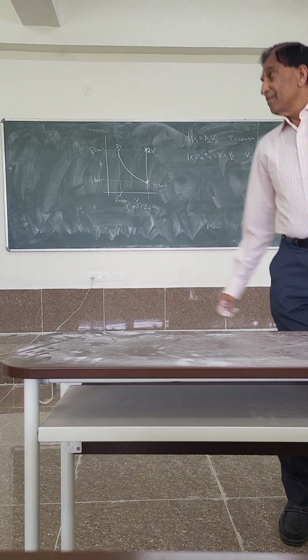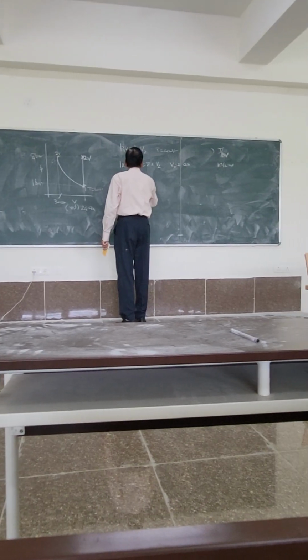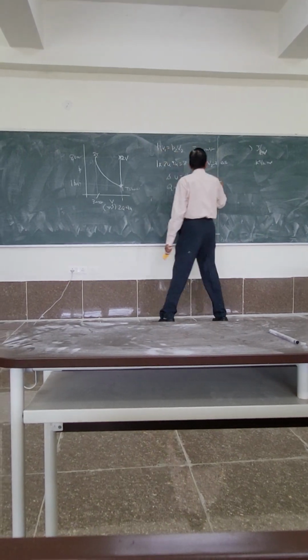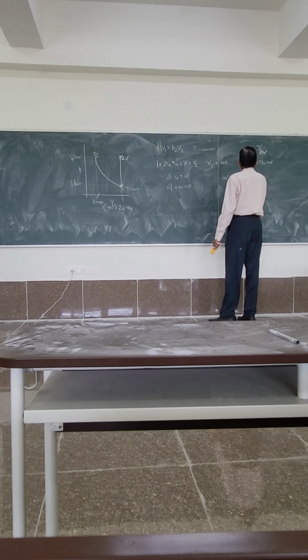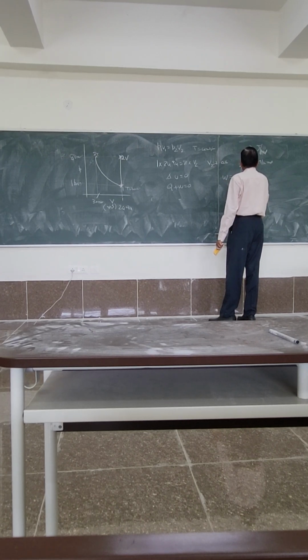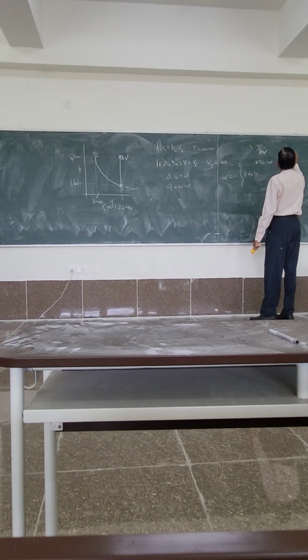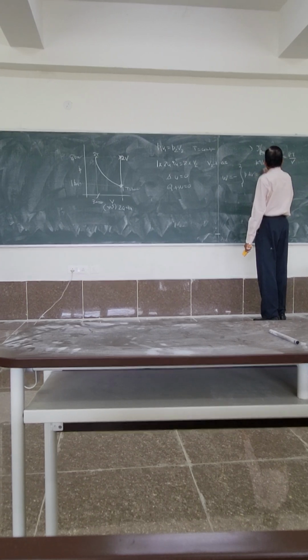Delta U is equal to 0 for the isothermal process. So that means Q plus W should be equal to 0. I will calculate what W is. W is equal to negative of the integral from 1 to 2 of P dV. So P is equal to RT by V, and R and T are constant because temperature is constant.